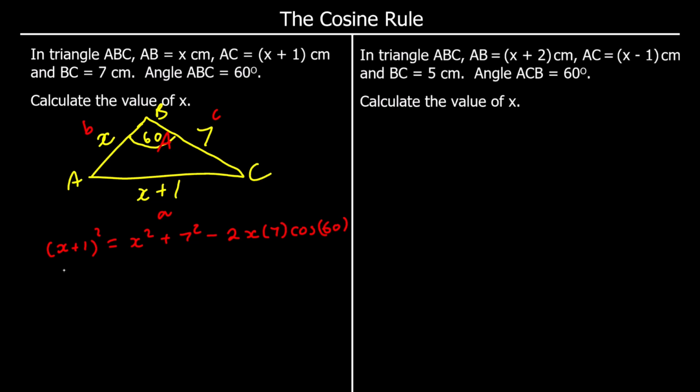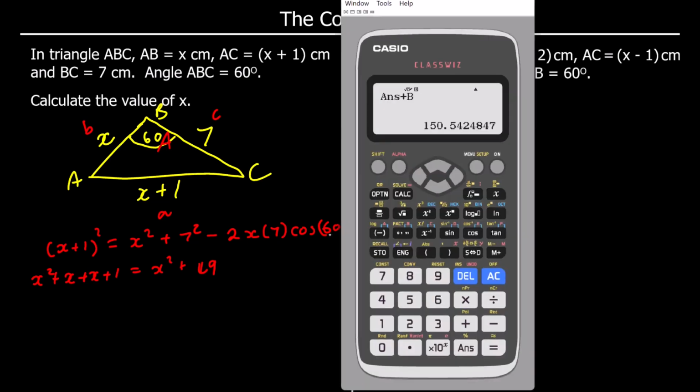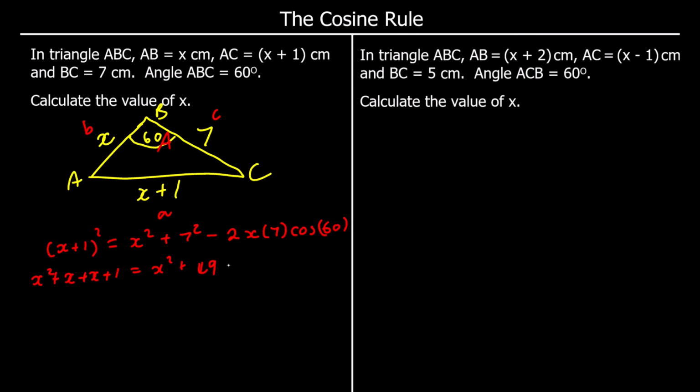X plus 1 times X plus 1 is X squared plus 1x plus another 1x plus 1 equals x squared plus 7 squared is 49. And then we've got 2 times 7 times cos 60, which is 7, as cos 60 is half. And that's times x, minus 7x.